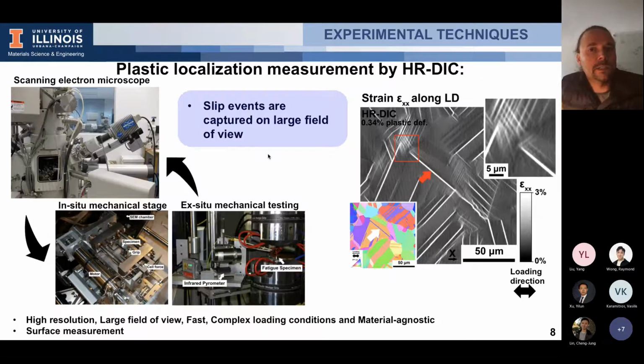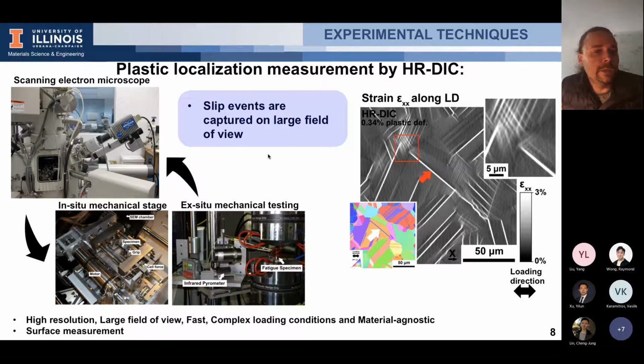All right, let's come back to the high resolution digital image correlation. This technique is used in situ. So I do that inside a scanning electron microscope in order to have high resolution measurements. As you can guess, when you deform metals, you develop structures that are at the nanometer scale. So you really need this very high resolution to capture these structures.